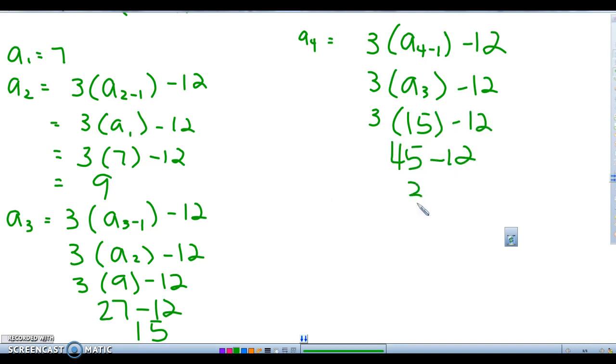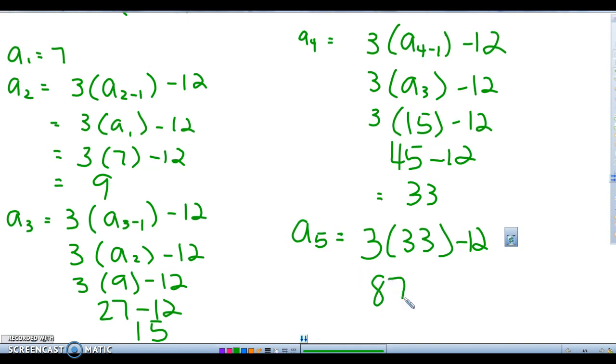Minus 12 would give me 33. So that's a sub 4. And I use a sub 4 to do a sub 5. So go ahead and, using a sub 4, figure out what a sub 5 will be. Good, you should have gotten 87.